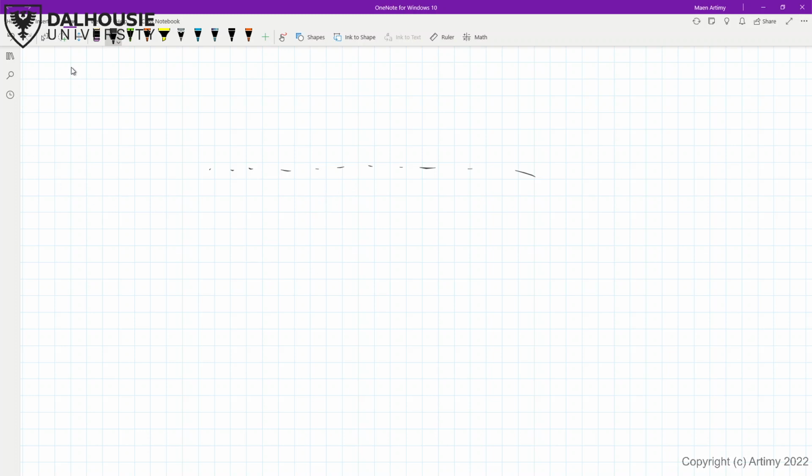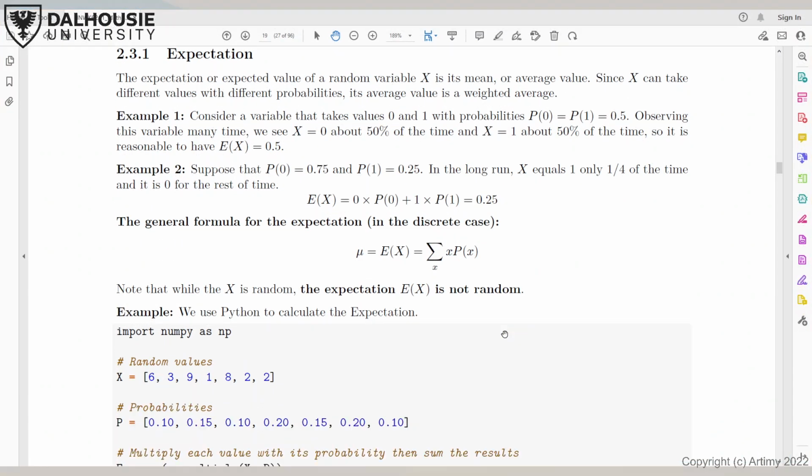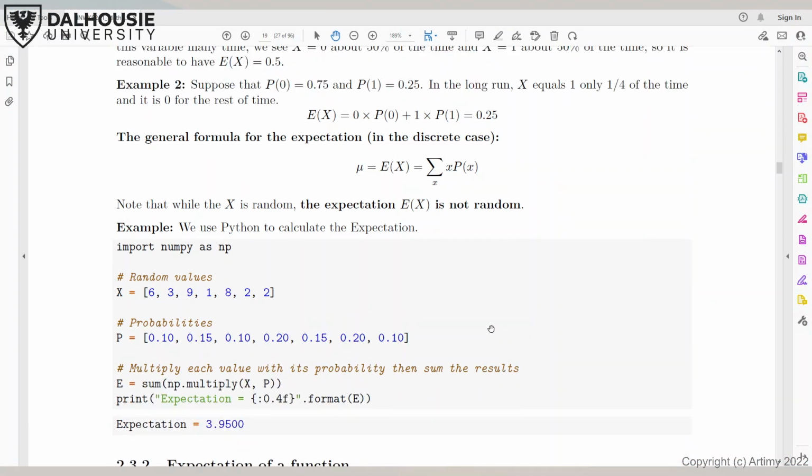But the average or the expectation itself, which is given as mu or E of X, by the way, is not a random number. Even though it is the expectation of a distribution, by itself it's not a random number.